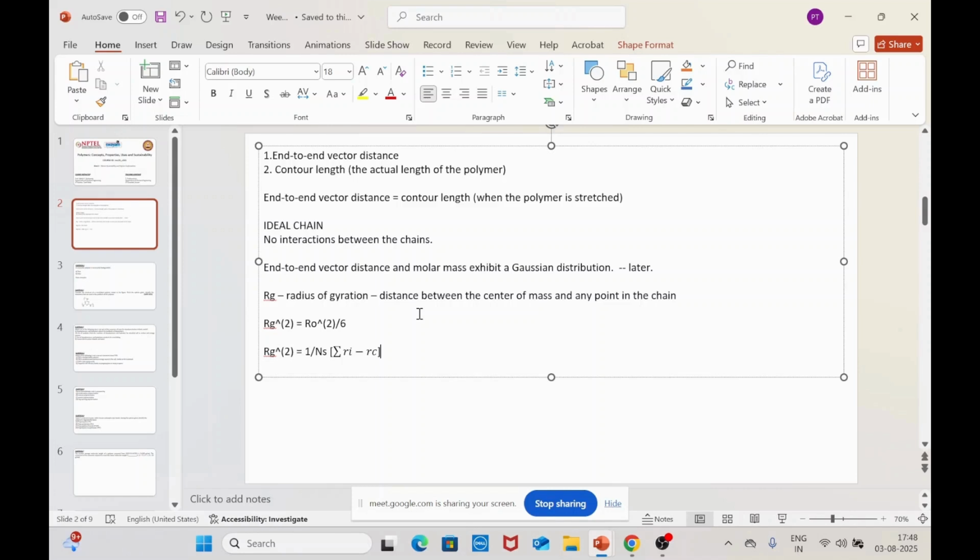So that is the reason why we model these macromolecules as a spring, and then correlate this to a Hookean spring, and then we derive a few relationships.